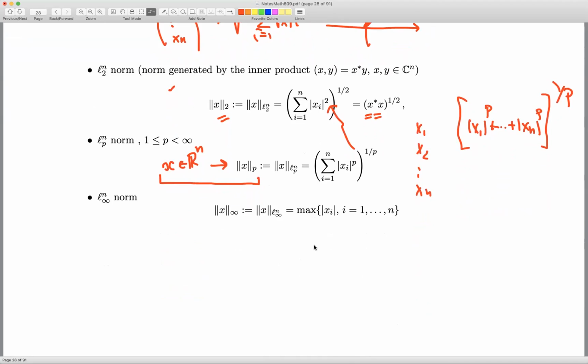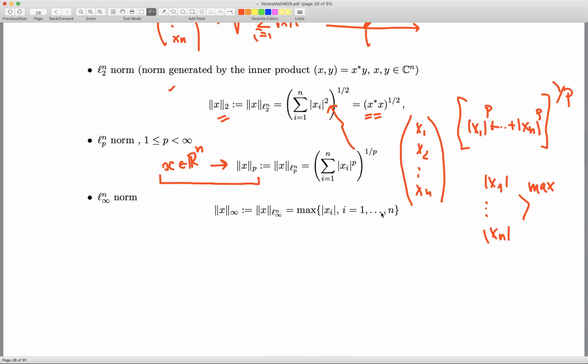And what is the L infinity norm of a vector? So we look at the vector with its coordinates x1 to xn. We look at the absolute values of its components, and we take the maximum of all these absolute values. And this is again a norm.